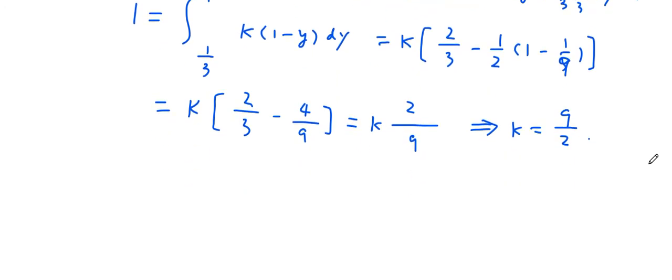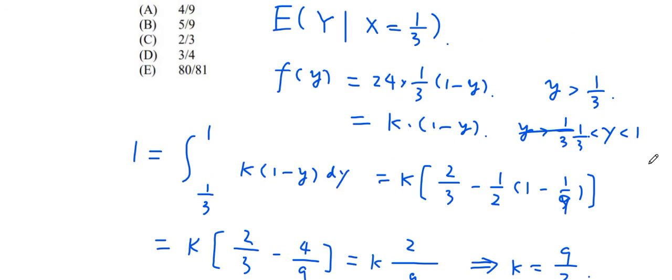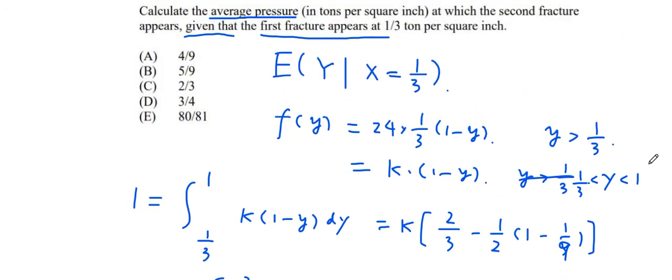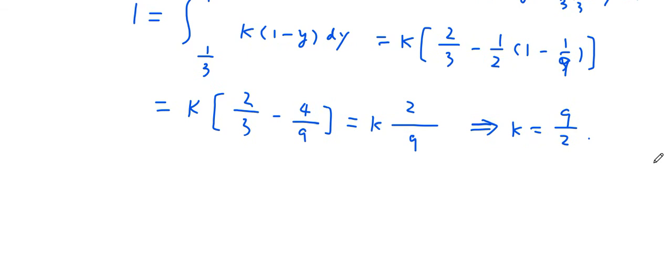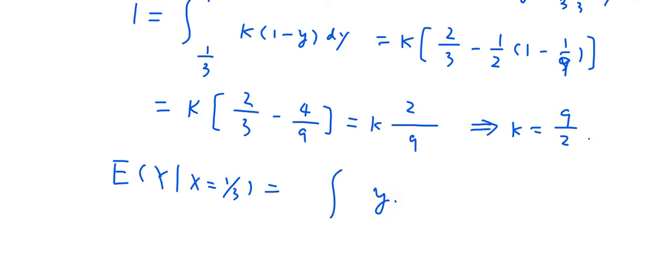So find this conditional expectation of y, when x equals this. So this is just y, and the density function is 9/2, 1 minus y dy, and y is from 1/3 to 1.